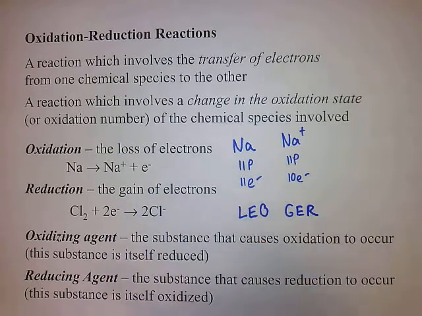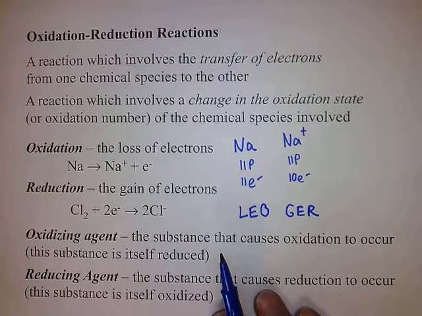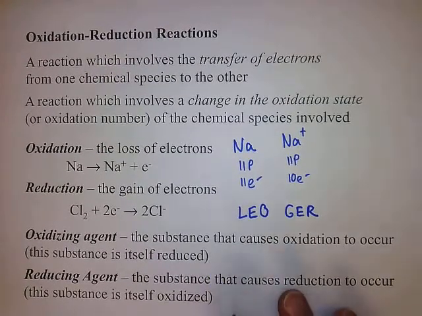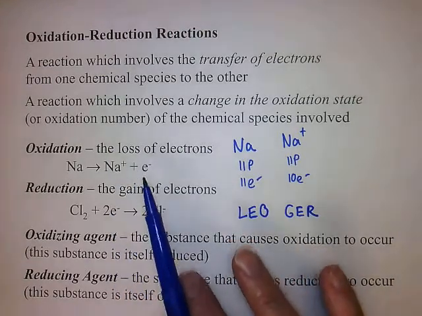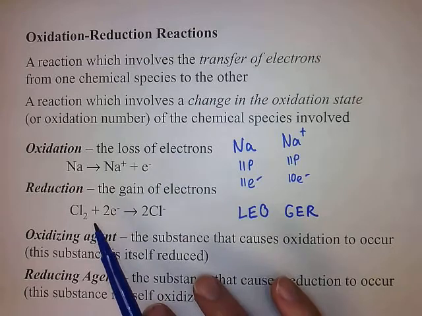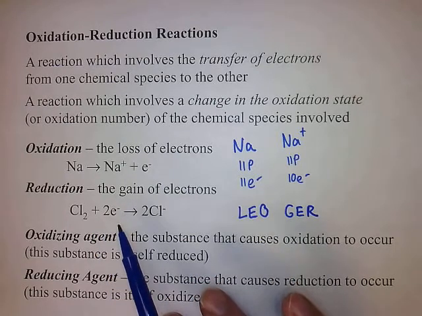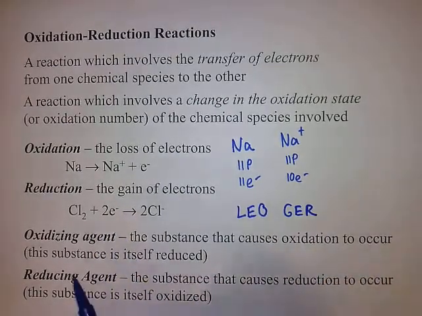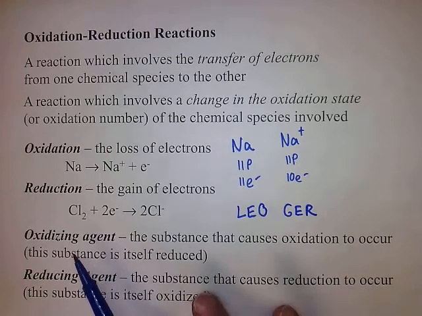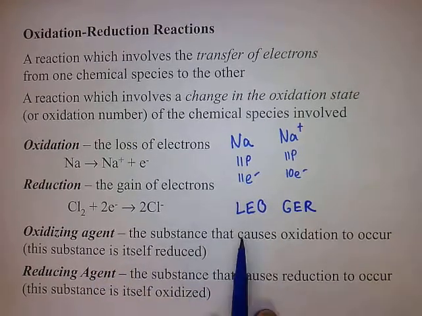They're coming from an oxidation. And that's why you can't have one process without another. So the oxidation gives up the electrons, and the reduction gains the electrons. So the oxidizing agent, what causes oxidation, is the substance that is itself reduced.